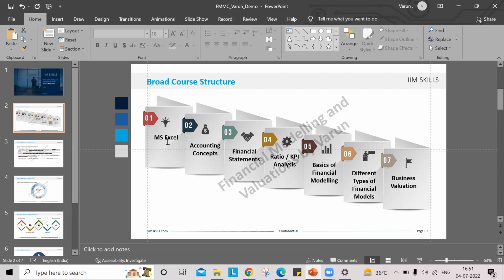MS Excel is not only used in financial modeling, but in fact every place where there is data. If you go to a hospital, or any tech business, they would be using MS Excel. So when you learn financial modeling, you learn a lot of diversified skill set packed in a box that is titled financial modeling. So it will give you an edge over others, definitely.